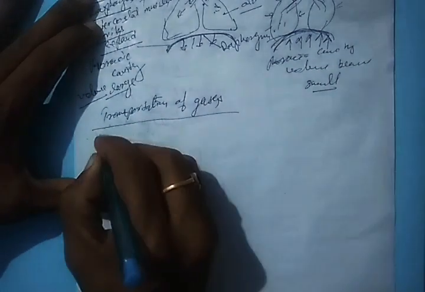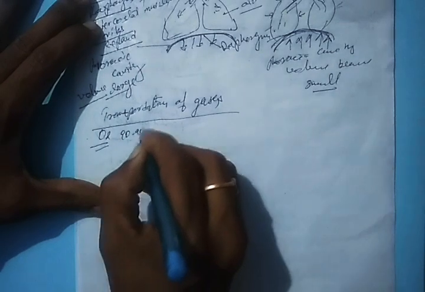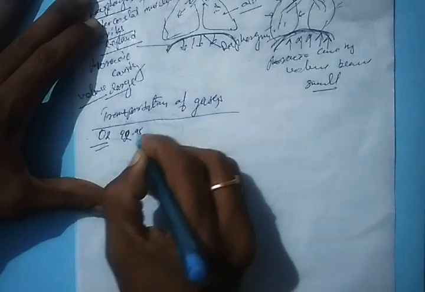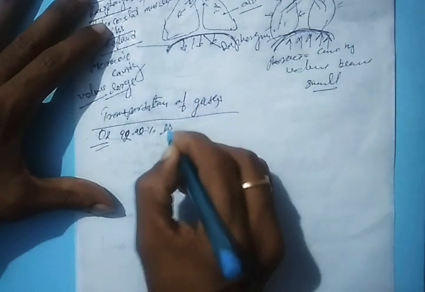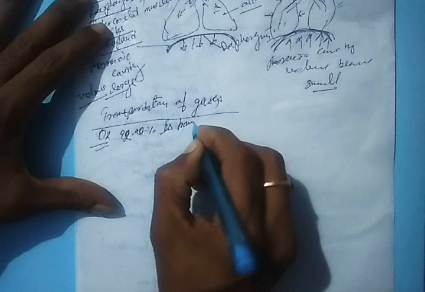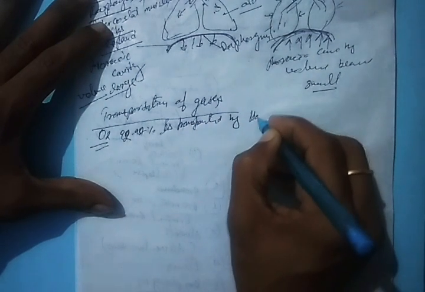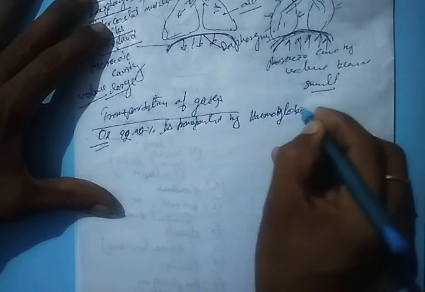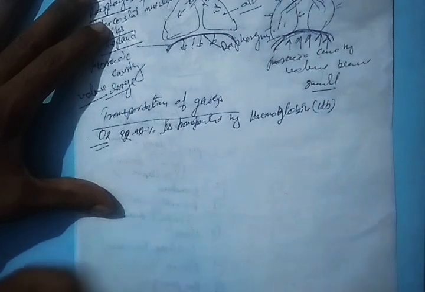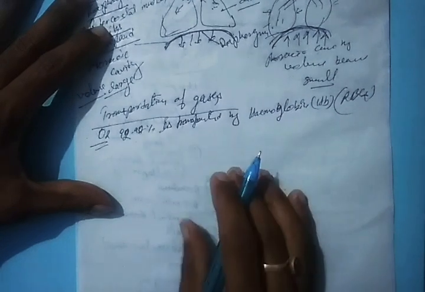from where the blood transports it. First of all, oxygen, about 92 to 97%, is transported by a pigment, hemoglobin, in short we can write it Hb, that is present in RBCs, red blood corpuscles.